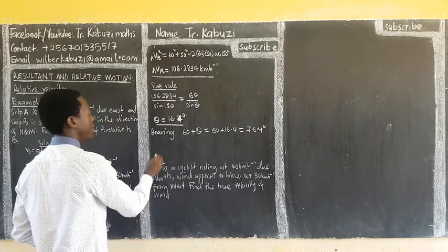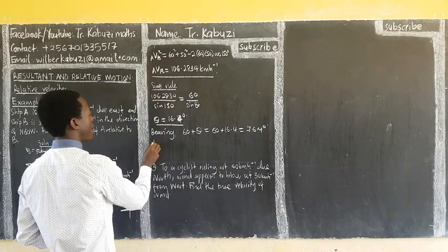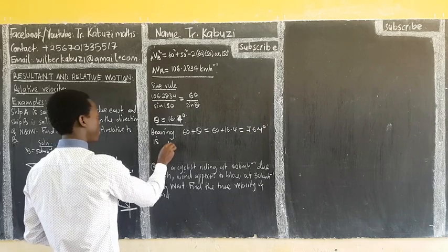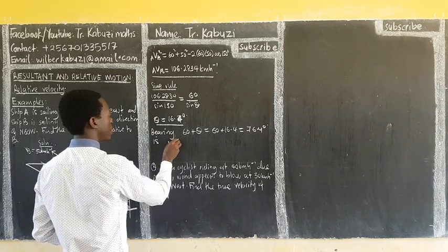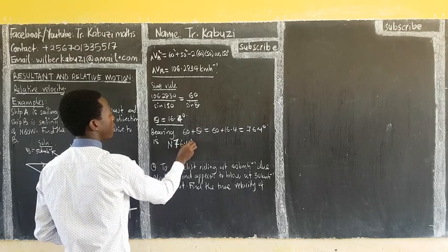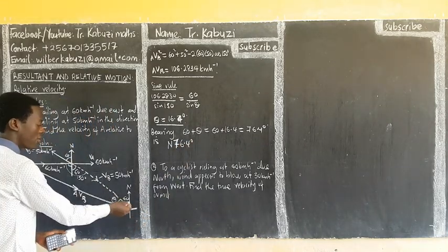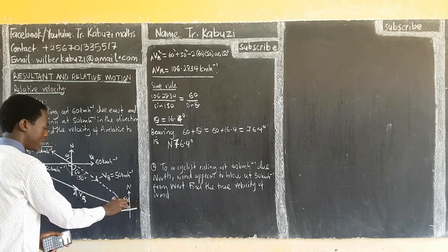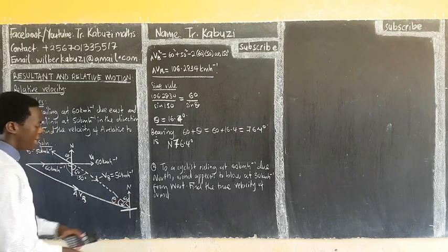So therefore, our bearing is from the north, we shall move 76.4 degrees towards the west.